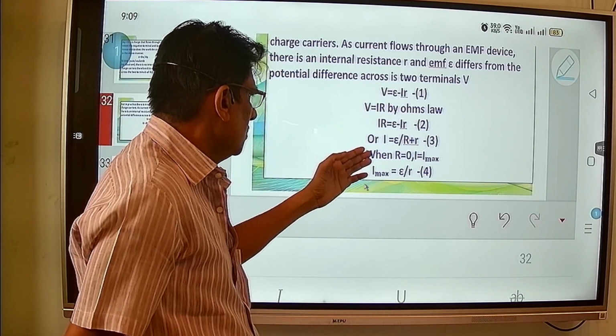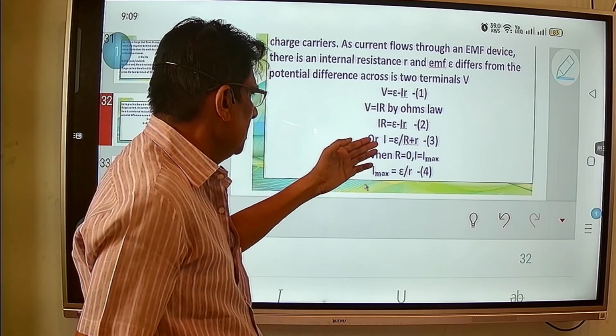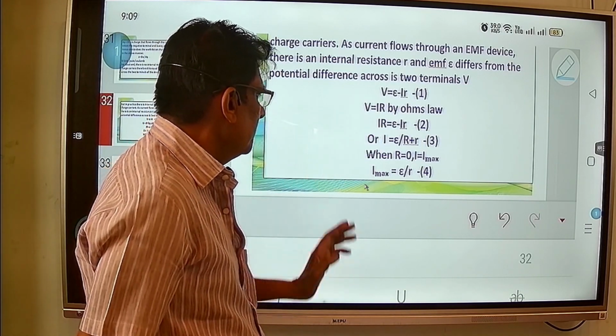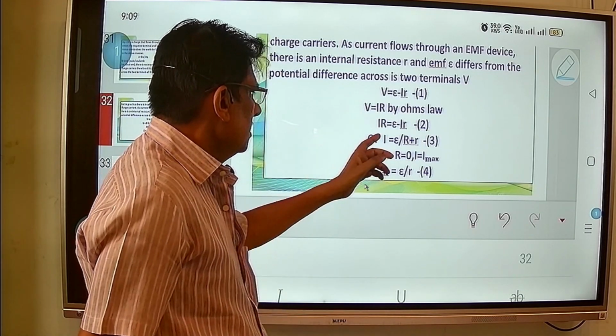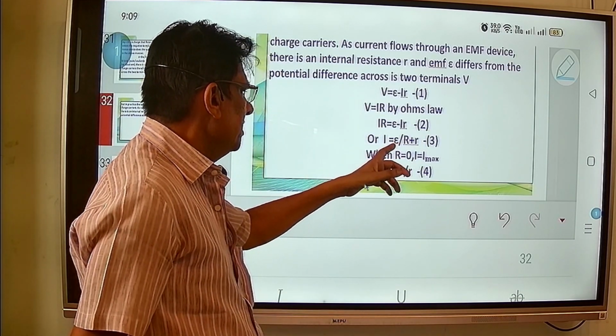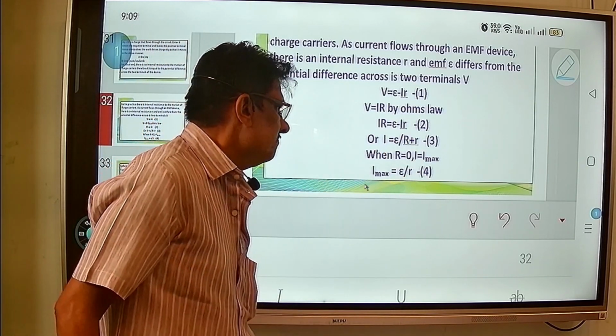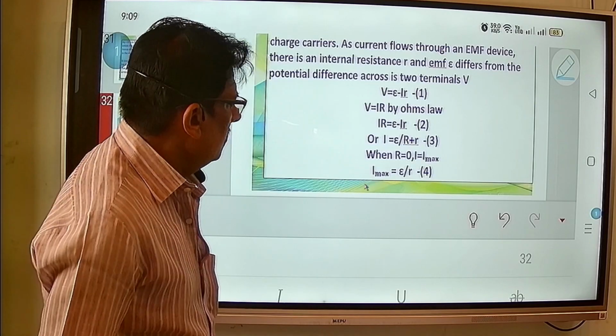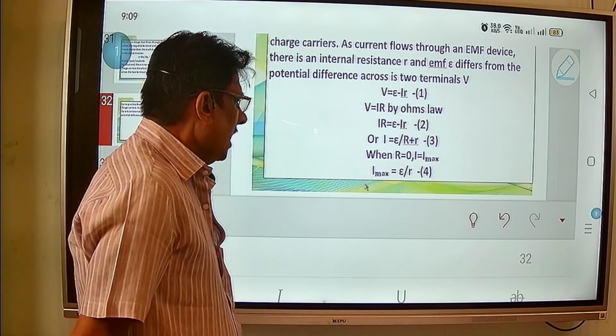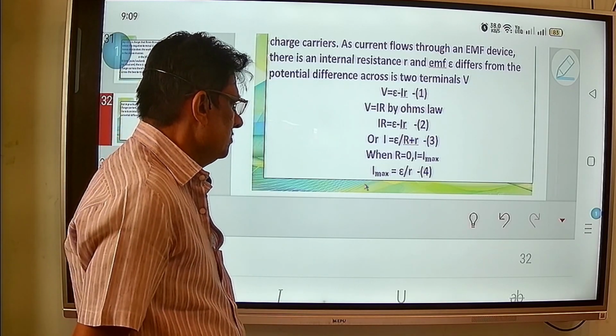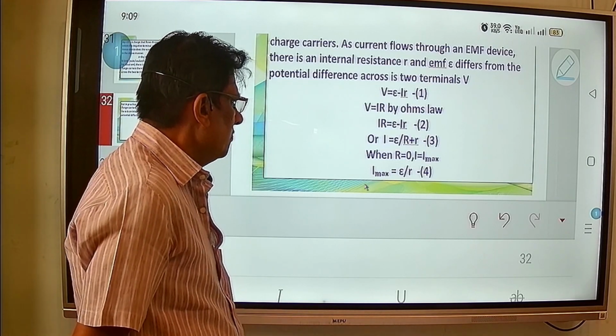Now we take the I term on the left hand side. On the right side, the remainder is E upon R plus r. So we have got the value I is equal to electromotive force upon R plus r.